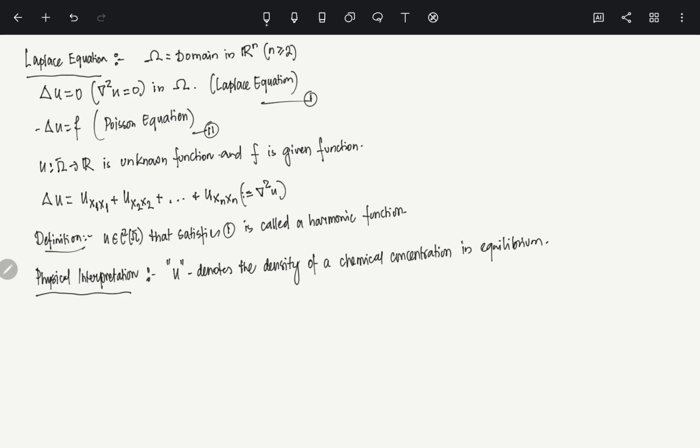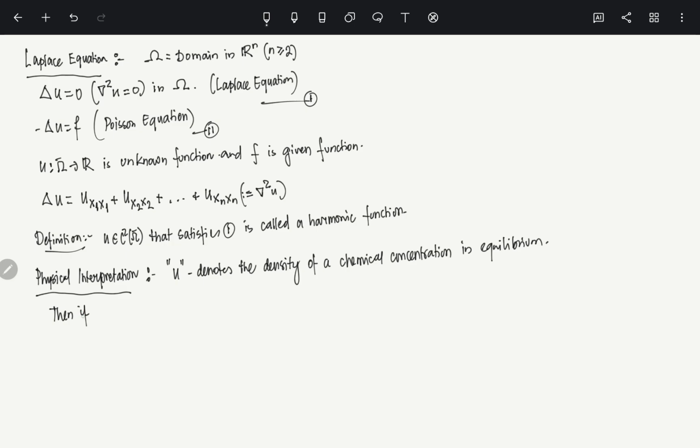It does not mix anymore, and it creates a very nice looking drink. And in that drink, you do realize that there will be a difference in density. So let's say that u is that function which denotes the density of a chemical concentration when that concentration is in equilibrium.